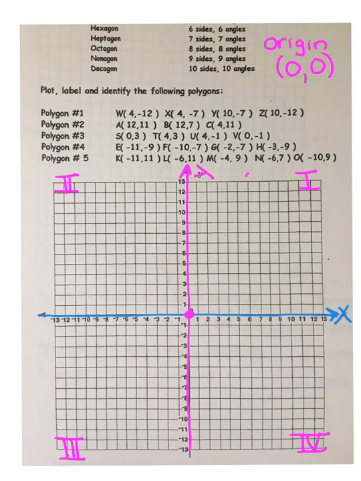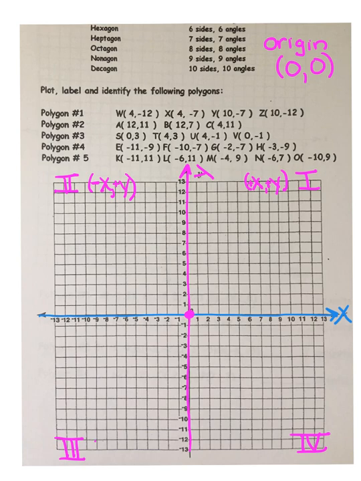In quadrant 1, all the x's are positive and all the y's are positive. In quadrant 2, please take these notes down. Your x's are negative, but because you're above the x-axis, all of your y coordinates are positive.